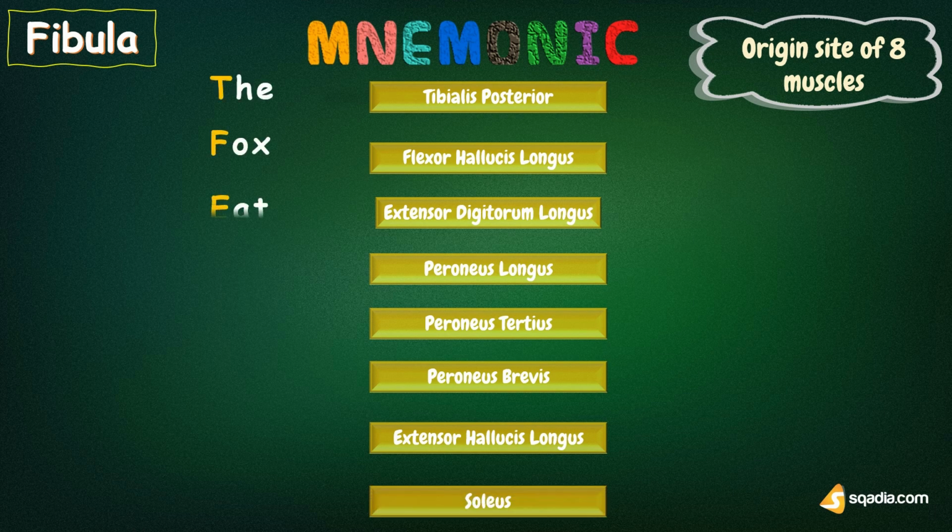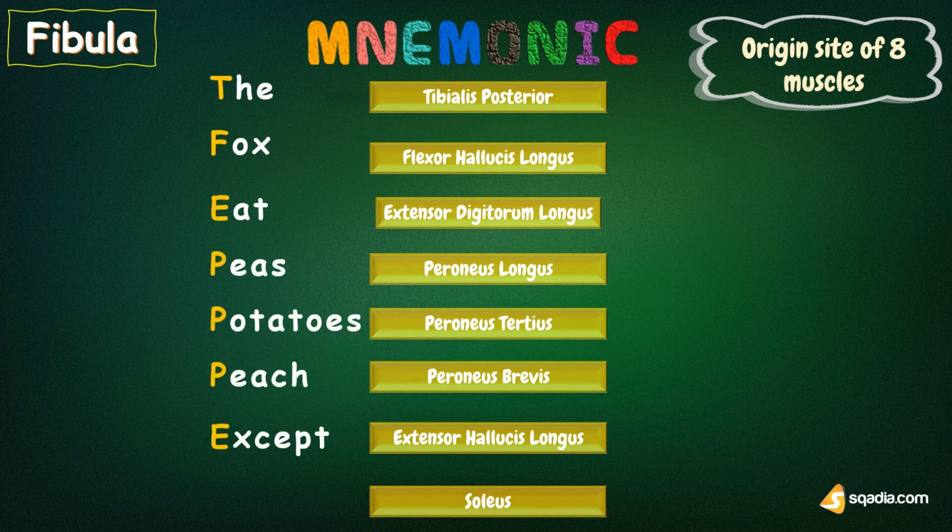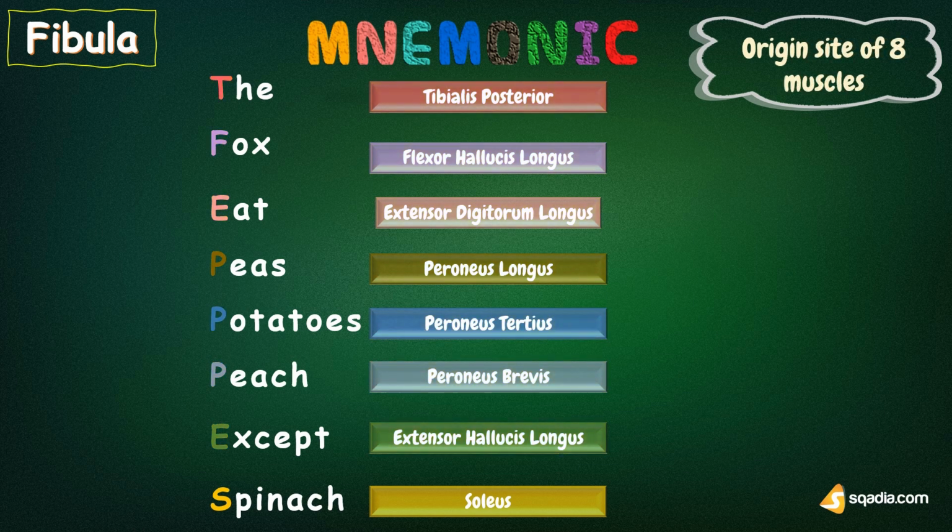The mnemonic, "the fox eats peas, potatoes and peach, except spinach," can help you remember the names of these muscles. You can pause and commit the names of these muscles to your memory with the help of this mnemonic.